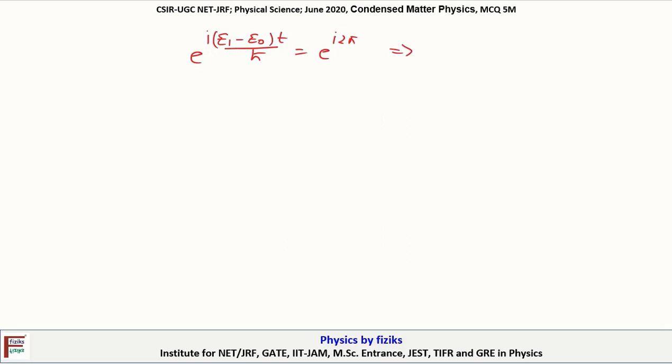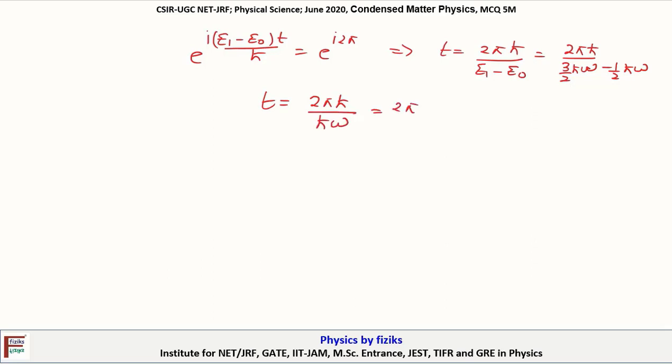So t would be 2 pi h cross by (E1 minus E0), which is 2 pi h cross into 3 by 2 h cross omega minus 1 by 2 h cross omega. So t would be 2 pi h cross by h cross omega, which gives us 2 pi by omega.